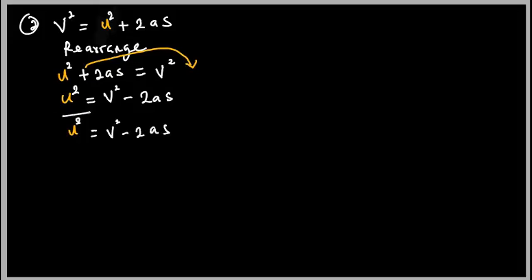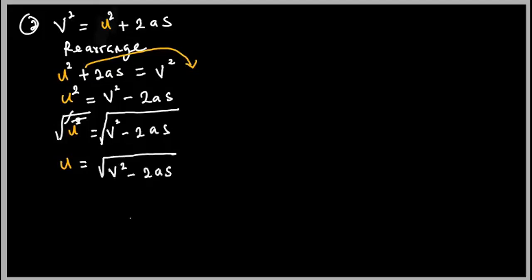Now taking the square root on both sides, we know that the square will cancel the square root, and therefore I have U equal to the square root of V squared minus 2AS. And this is your answer.